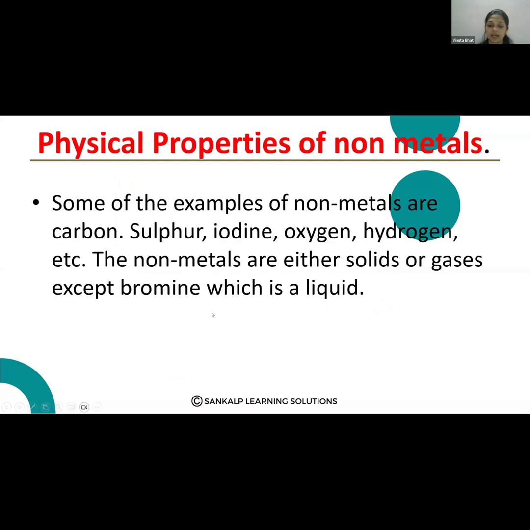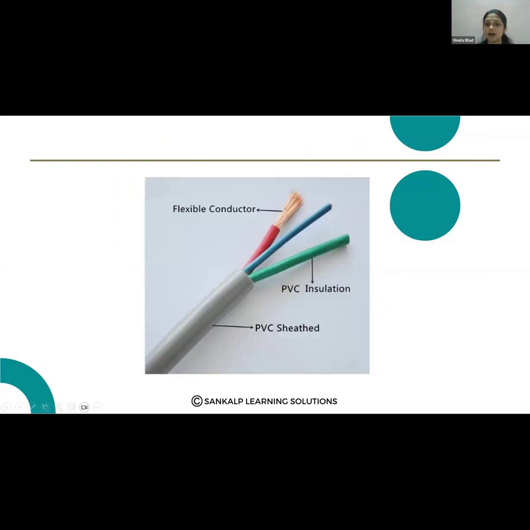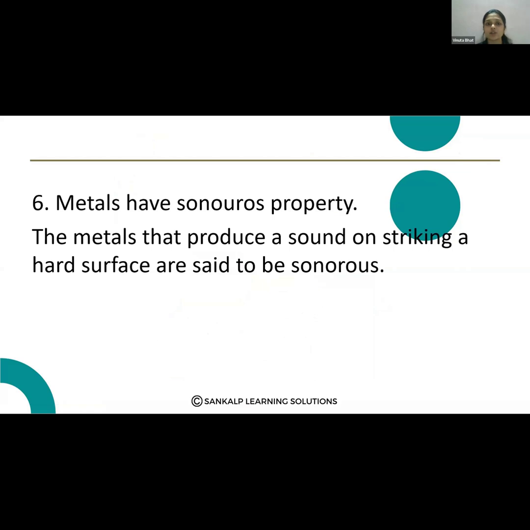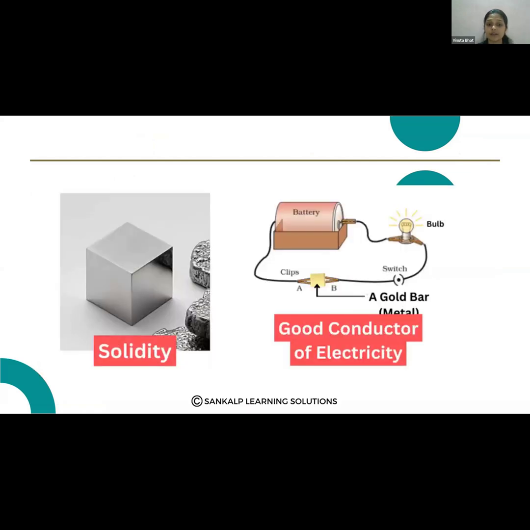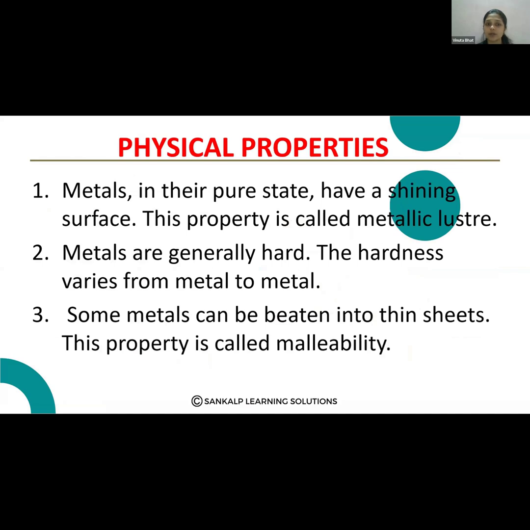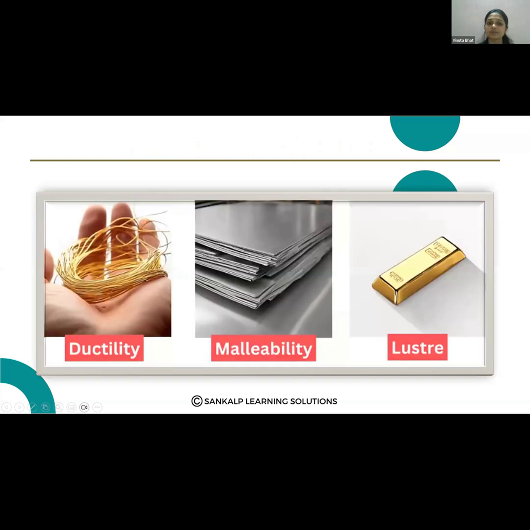Then, these are all the physical properties of metals. You can say seven important properties of metals. The first property: they show metallic luster, that is the shining property, and they are generally in the solid state, and they are hard. They can be beaten into thin sheets, which is called the malleability property. The next one is ductility.